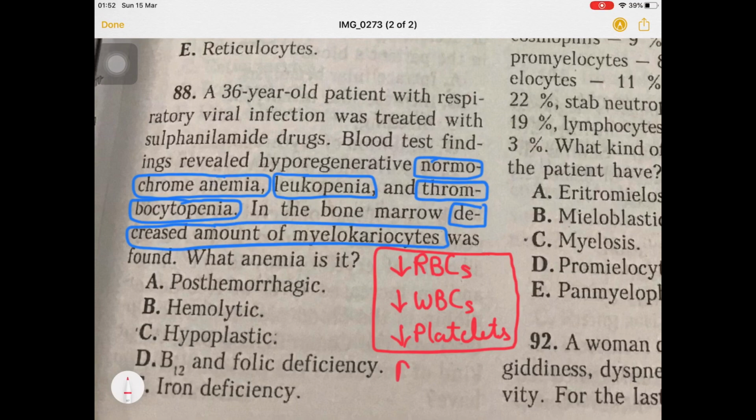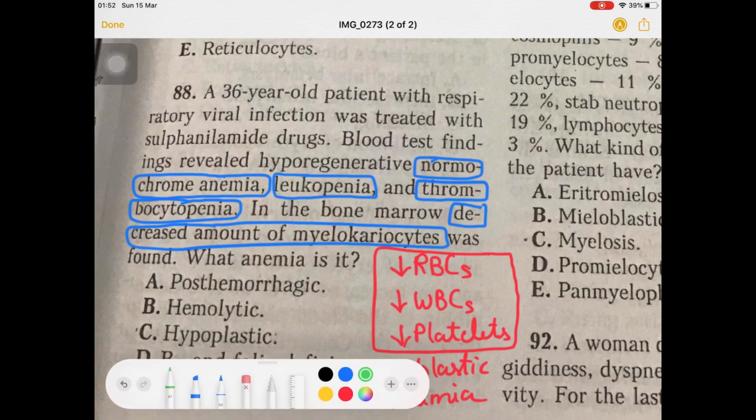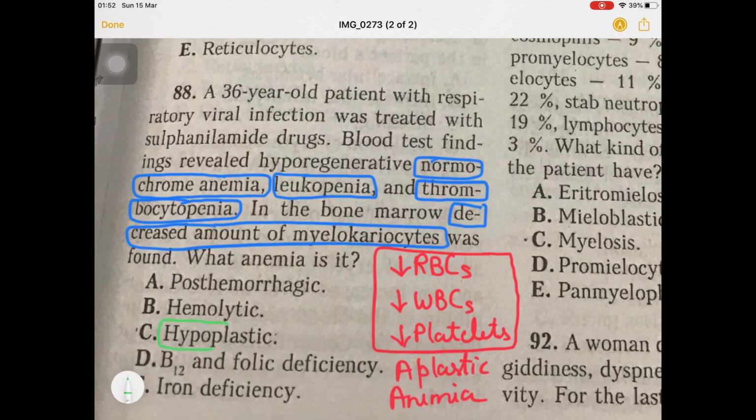Yes, that is the finding of aplastic anemia, right? Aplastic anemia, or you can say hypoplastic anemia, in which the bone marrow is severely depressed. So clearly we can say that the answer is aplastic anemia or hypoplastic anemia, right?